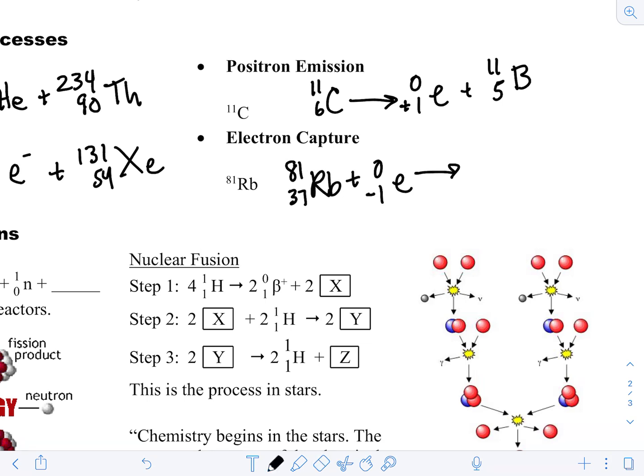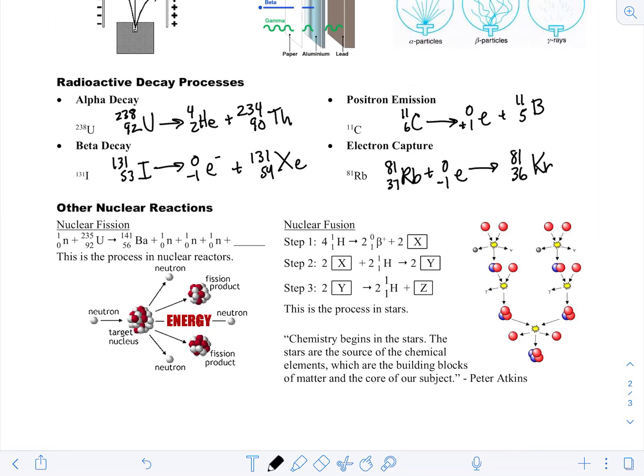To predict the product, all you have to do is add up those two numbers. And remember, there's no mass change here, so it stays at 81. And because you're adding a negative number, the atomic number goes down, and as a result you get 36. So you have to go to the periodic table and find which element has atomic number 36, and that is krypton. Okay.